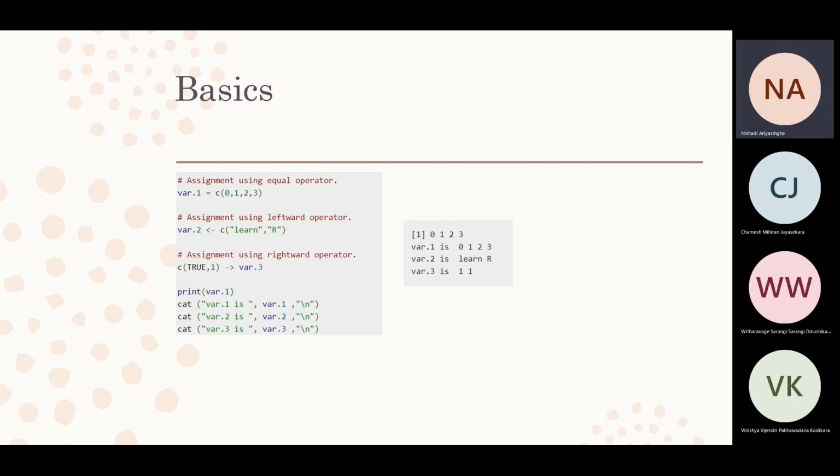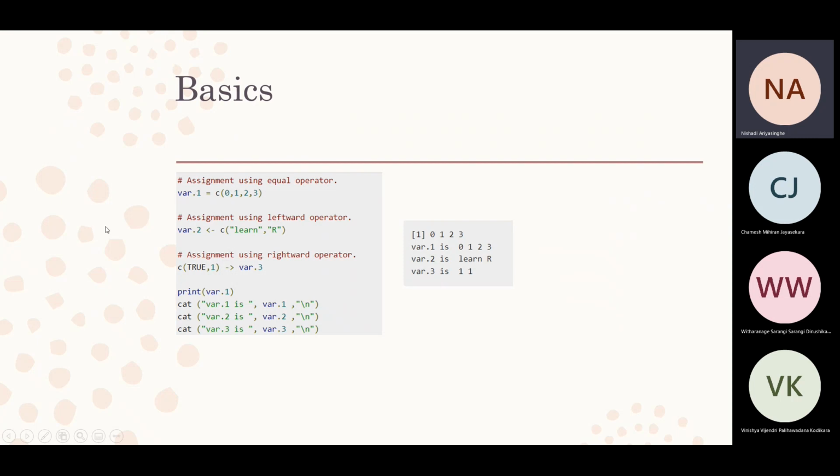We also have something called the assignment operator. It is very basic to assigning things in other programming languages. For example, in C or Java, we normally create a variable and then we use the assignment operator, which is the equal operator, and then we assign whatever value we want to that particular variable.